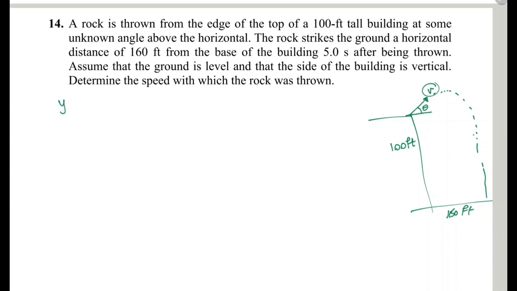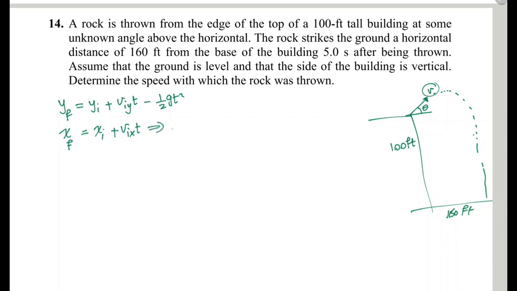So y final equals y initial plus the initial y velocity times t minus half g t square. X final equals x initial plus the initial x velocity times t.